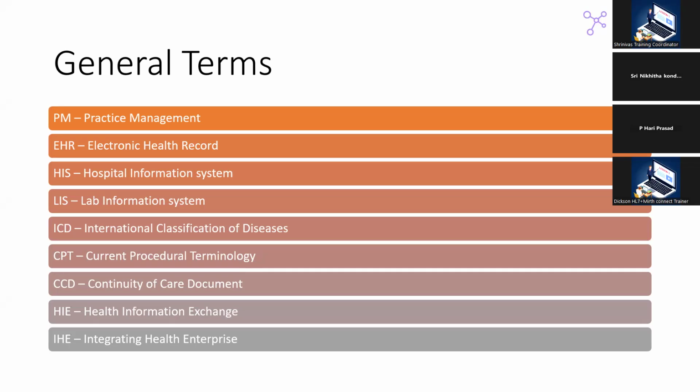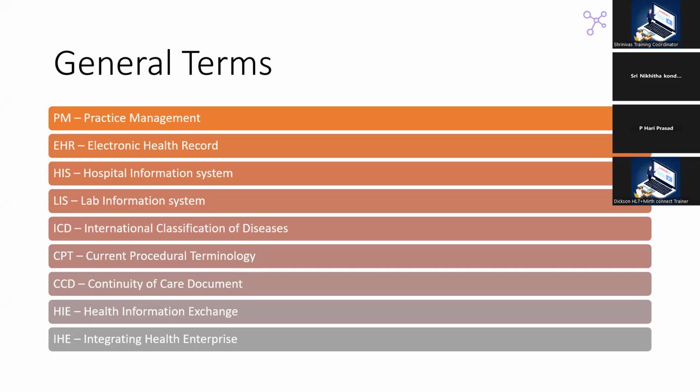These are libraries used to represent various kinds of diseases that the patient has. That's the reason it is called International Classification of Diseases. And then you have CPT, which is Current Procedural Terminology. These are lists of procedure codes that are used by doctors to represent what procedures they performed on patients.